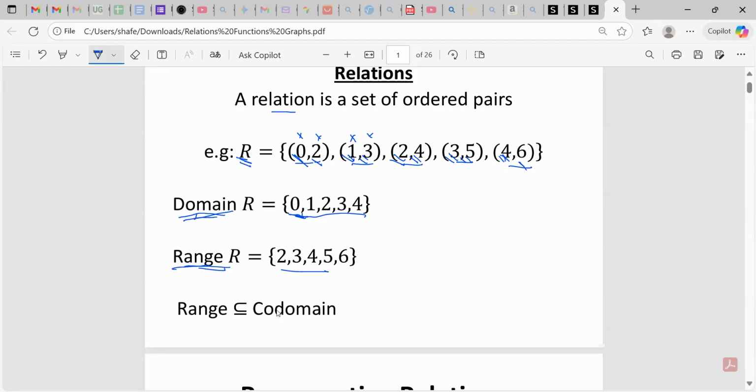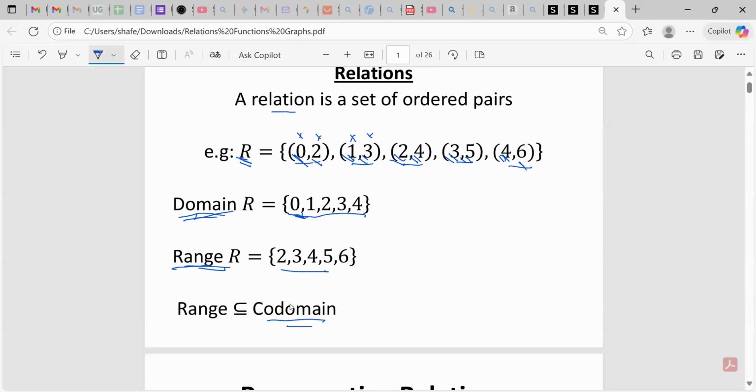Now there's another term that is used when it comes to relations, functions, and graphs. And that's something called the codomain, right? And usually the codomain is defined as a bigger set that the range would fall into. The range can either be equal to the codomain, but at times the range can be just a smaller subset of the codomain, right? Let's keep that in mind.